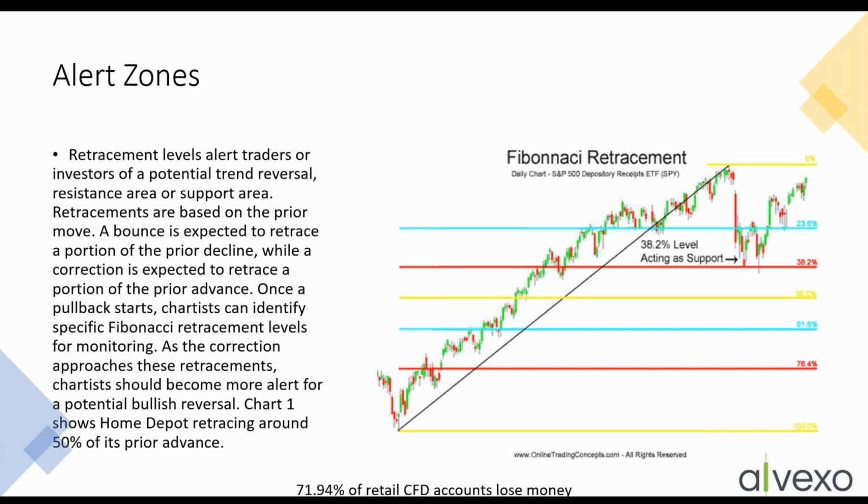If you went down before, you have to go up now. So keep in mind that the levels are not interchangeable. They're only good for that particular movement and that particular time. So drawing that 61.8 Fibonacci level out into the future doesn't do you any good.